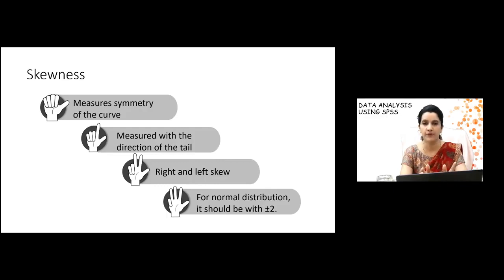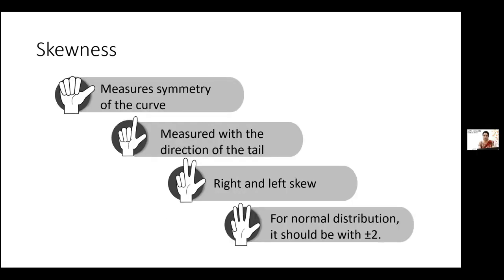Is that okay? So we talked about the Shapiro-Wilk test, where we said that we want the value to be more than 0.05, then only the data will be normally distributed, and it is applicable for sample size less than 50.